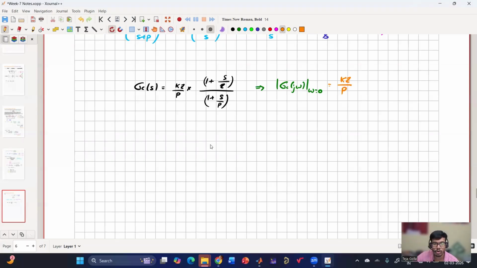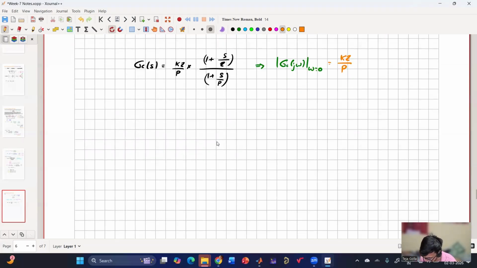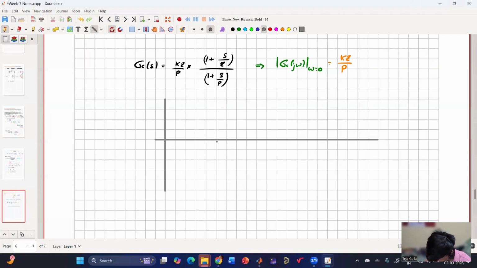So now if we draw the Bode plot, which we learned in the last class, let us draw the Bode plot.